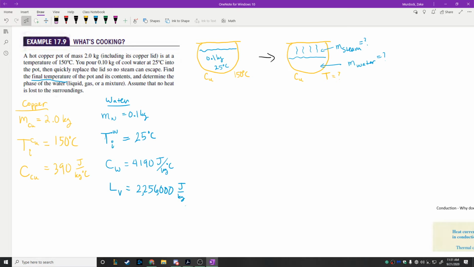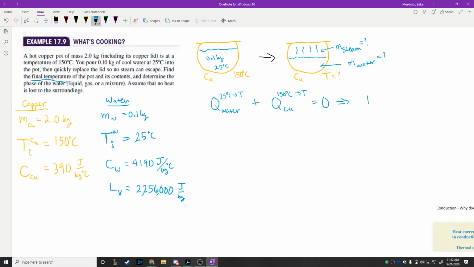Okay, so let's just work through this. We can skip a step here because Kenny already told us that if we assume it's all going to be water at the end of the day, and we just do this process, you do Q water to go from 25 up to some final temperature T, and we add to that the heat needed to go into the copper to take it from 150 degrees to some temperature T, and set that equal to 0.